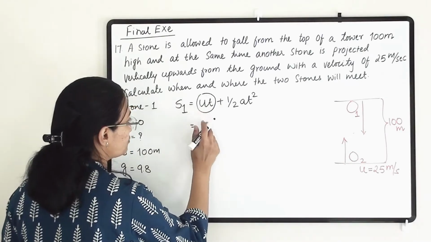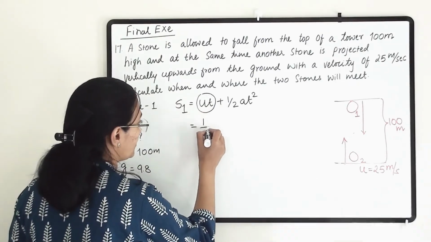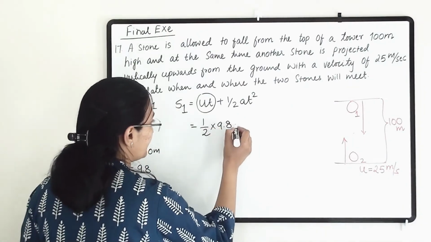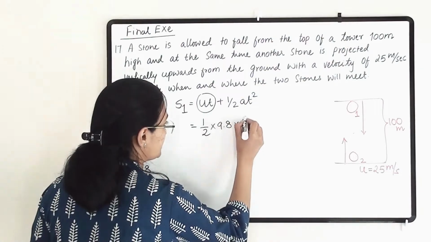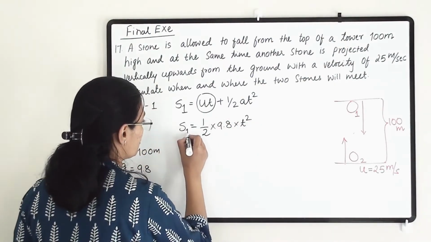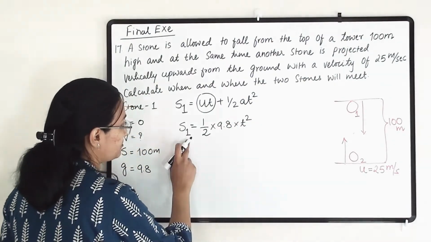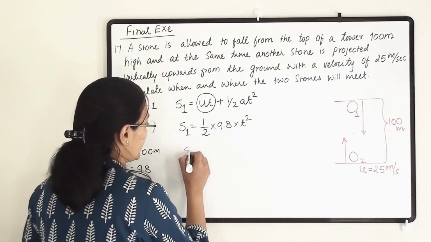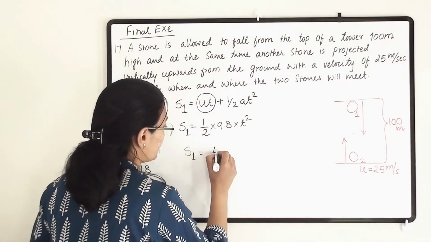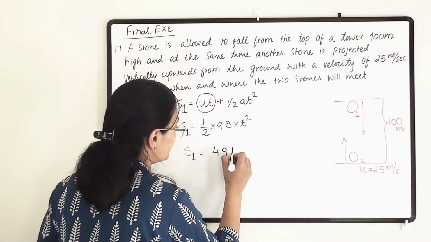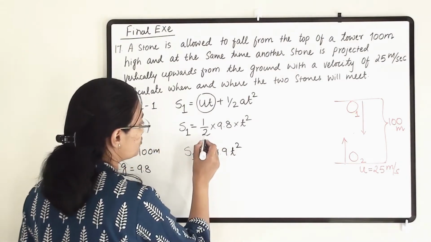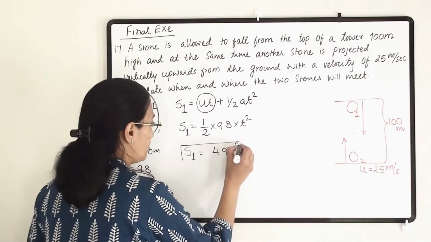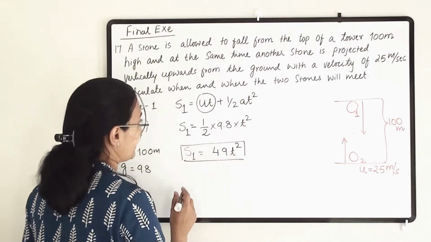We will get here 1/2, a we are going to take 9.8, and t square. So this is for stone 1 that we are dropping from the top: half 9.8 t square. So S1 we are going to get 4.9 t square. Once we divide 9.8 by 2, we will get 4.9.